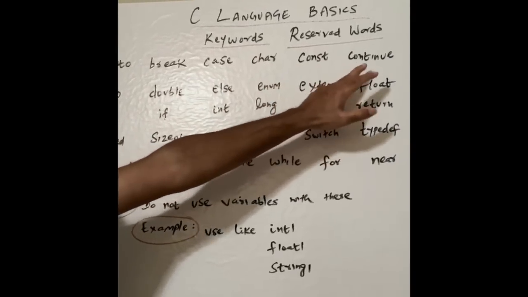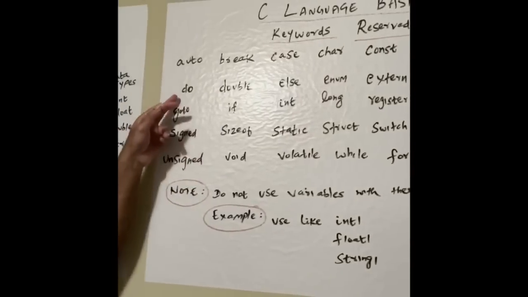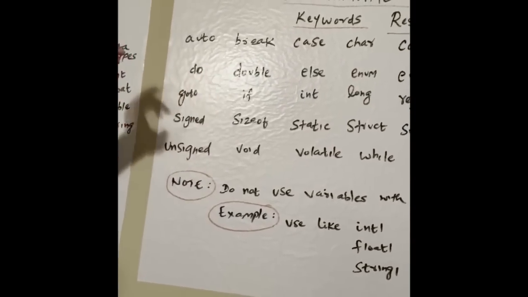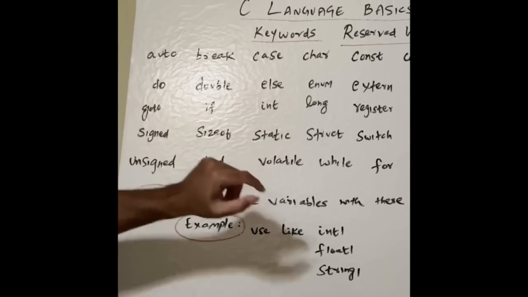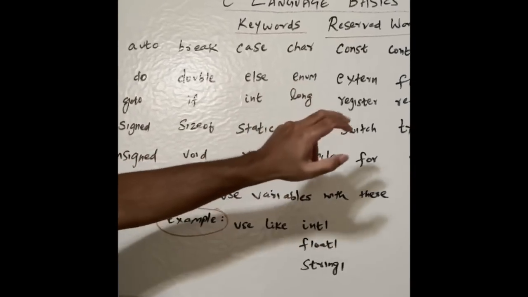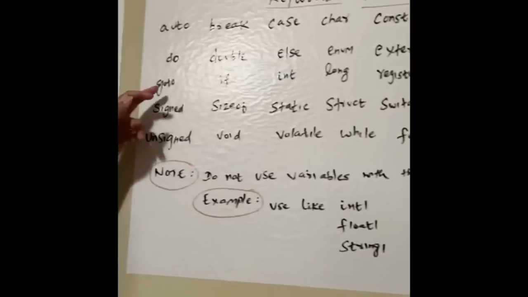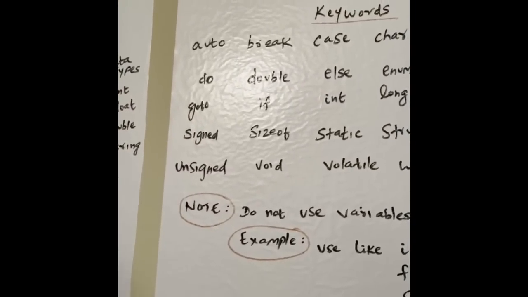Const, continue is part of the do loop statement. Default, do is a loop control, we'll talk about later. Double is a data type. Else is the if then else statement. Enum, extern, float, for loop. There is goto, where you can go to a particular statement in the sequence of statements.